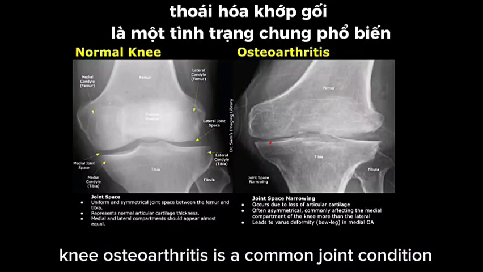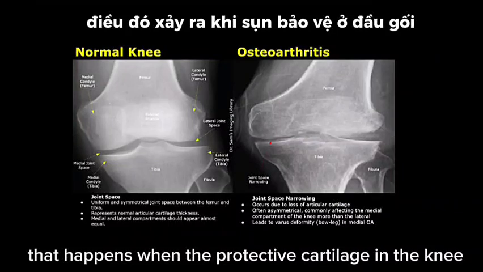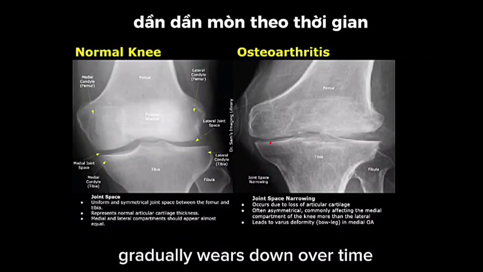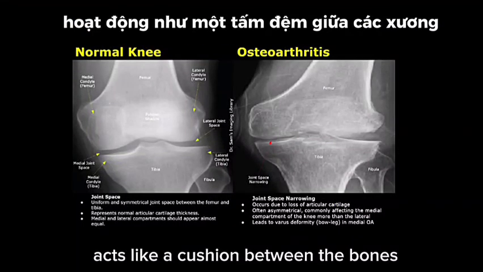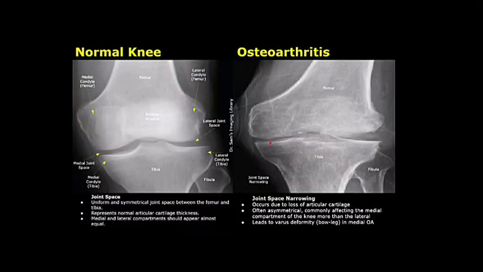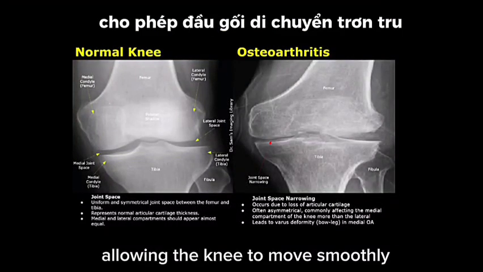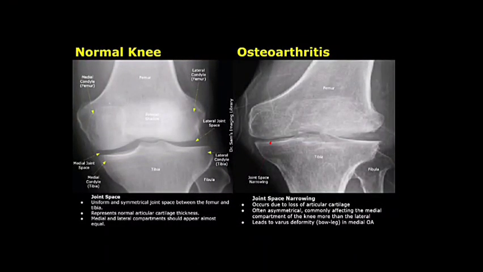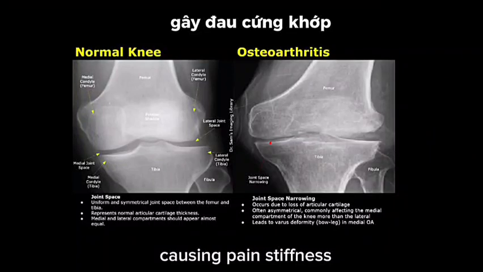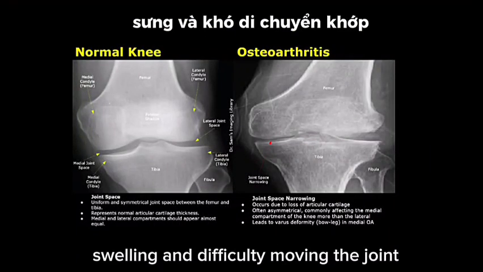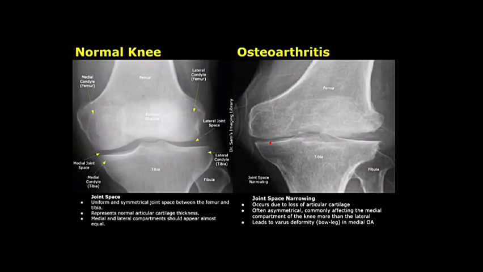Knee osteoarthritis is a common joint condition that happens when the protective cartilage in the knee gradually wears down over time. This cartilage normally acts like a cushion between the bones, allowing the knee to move smoothly. When it breaks down, the bones begin to rub against each other, causing pain, stiffness, swelling, and difficulty moving the joint.